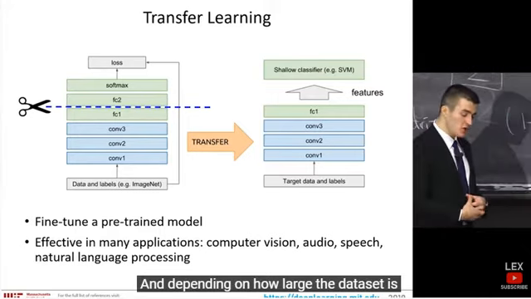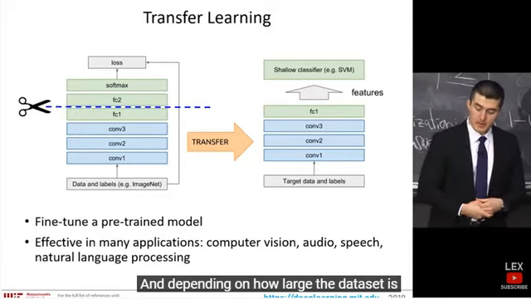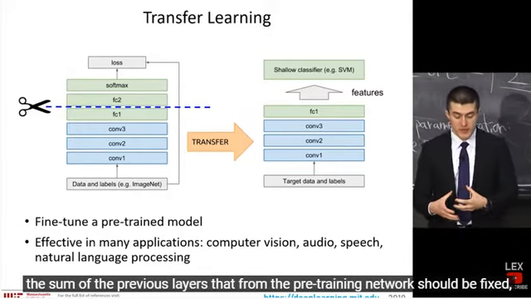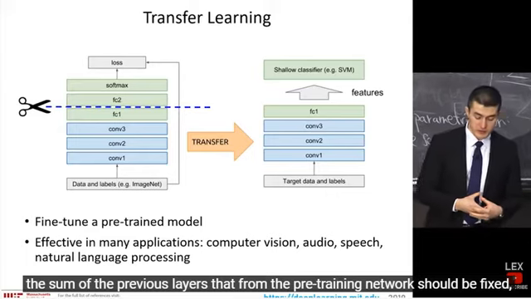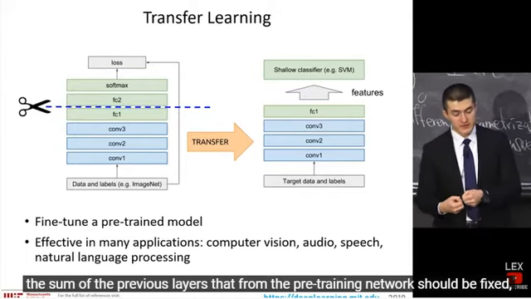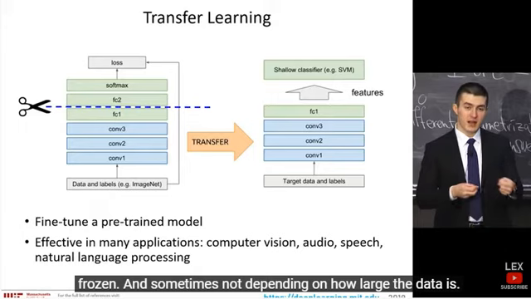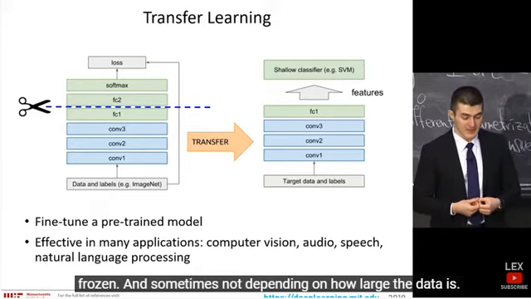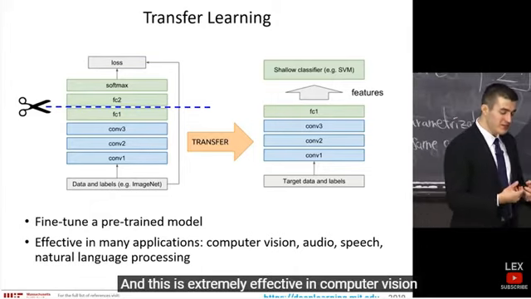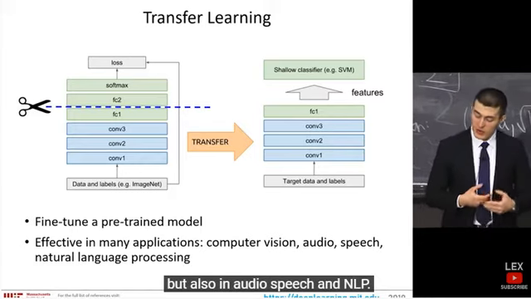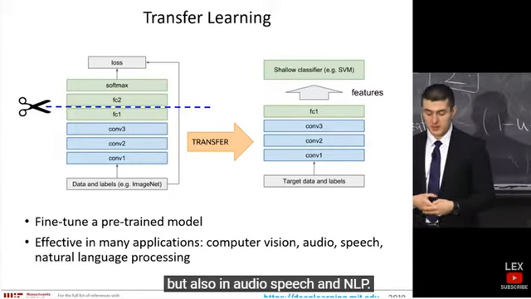And depending on how large that data set is, some of the previous layers from the pre-trained network should be fixed, frozen, and sometimes not, depending on how large the data is. And this is extremely effective in computer vision, but also in audio, speech, and NLP.